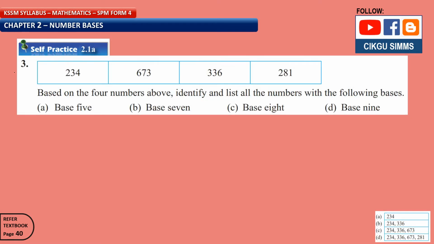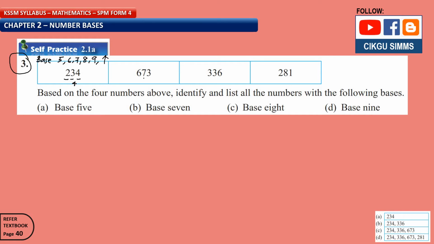Okay, so question 3. Based on the 4 numbers above, identify and list all the numbers with the following bases. Okay, so for the first one, 234, the highest number is 4. So this one is possible to be base 5 and above, right? It can maybe be base 5, it can be base 6, 7, 8, 9, or above.